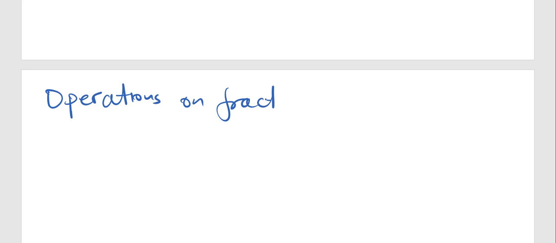Then after you have known the types of fraction, the next part you're going to do is operation on fractions. How many operations do we have? We have 4 operations, that is plus, minus, multiplication, and division.